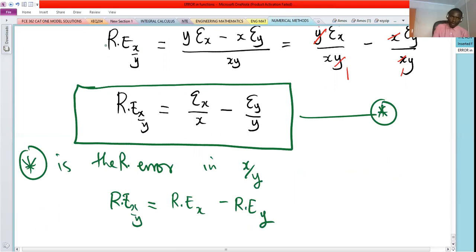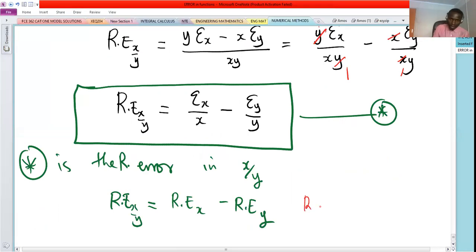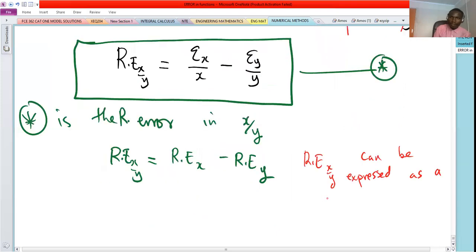So this one we can say relative error in quotient x over y can be expressed as a difference of the relative error in x and y. This can easily be seen from this one here.